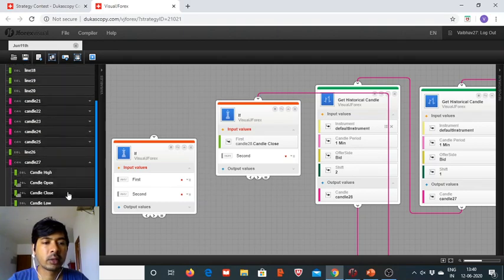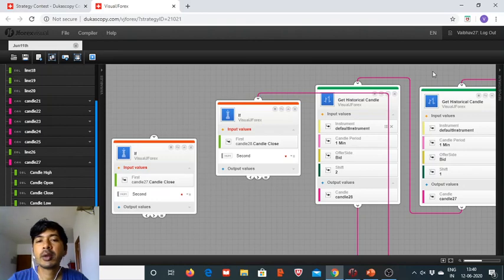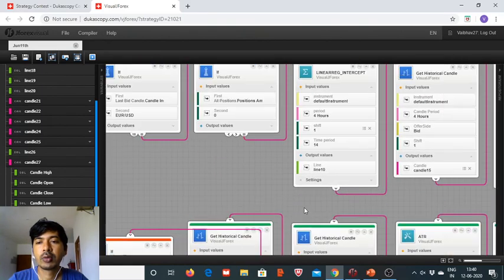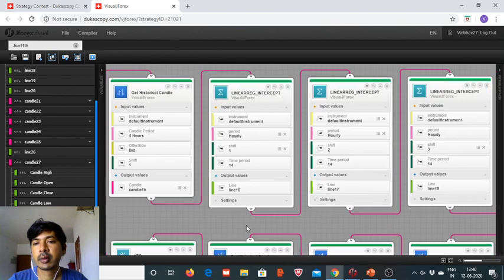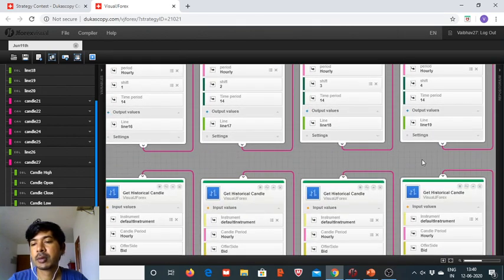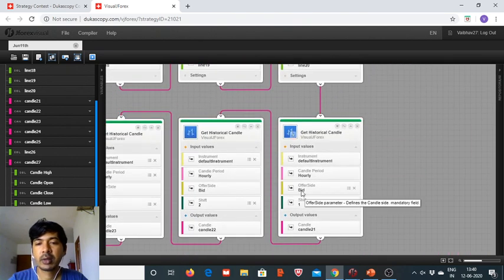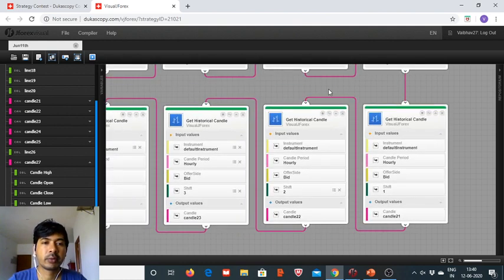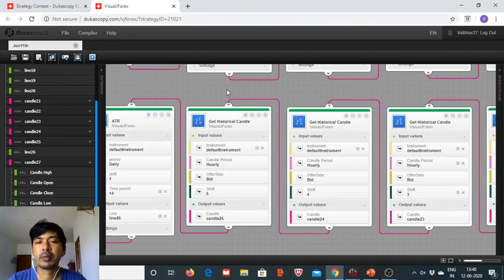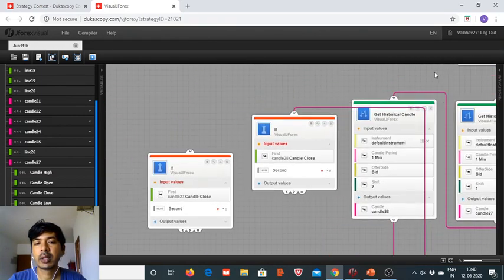So we take this closing level and we look for last 1 hour candle close, and that is candle 21 shift 1 and hourly. So we now need to compare these 1 minute closing levels with the hourly candles closing level, and that is candle 21.